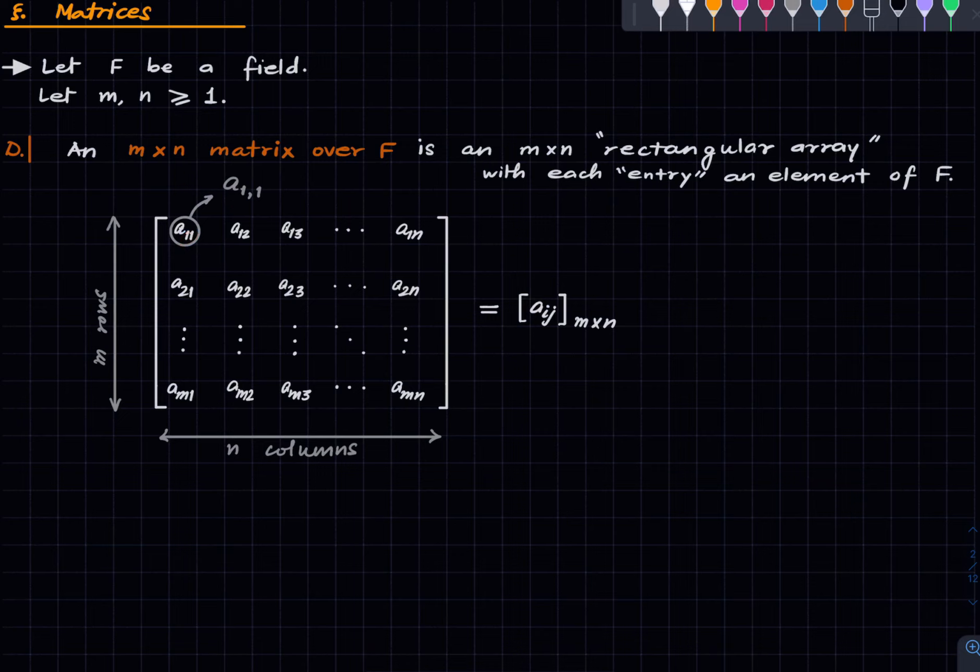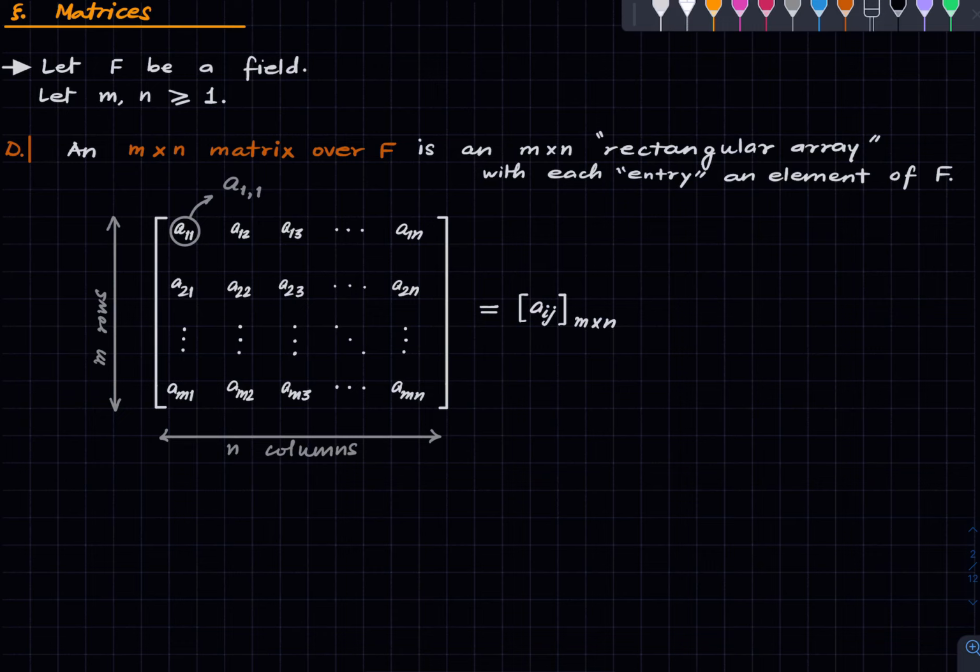It becomes too much. So A23 here is A2,3 and so on. All right, and this whole box can be in short denoted via this notation. You make two rectangular brackets, write the generic entry here, and denote the number of rows and the number of columns. So that's your informal definition of a matrix.